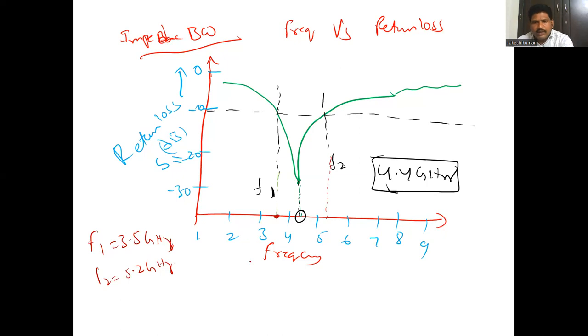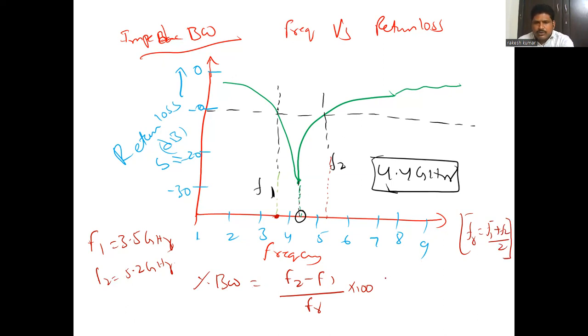So how to calculate the impedance bandwidth? The impedance bandwidth is represented as a percentage. The formula is (F2 minus F1) by FR into 100. What is the value of FR? FR is equal to (F1 plus F2) by 2.